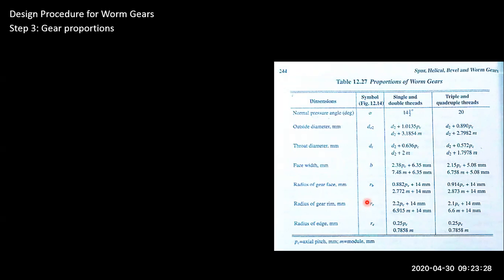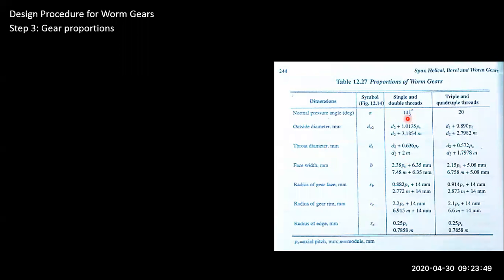All things which are numbered 2 correspond to the gear, that is the worm gear. Therefore, we need to design the worm gear diameter first. Once we know the module, we need to establish the number of teeth and find D2.